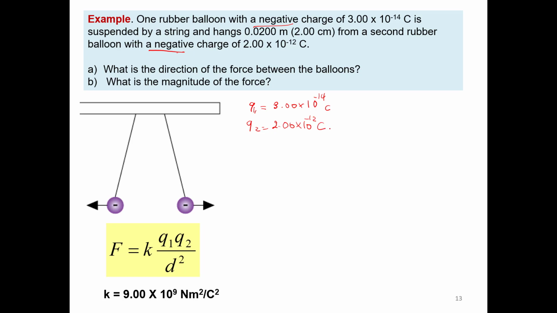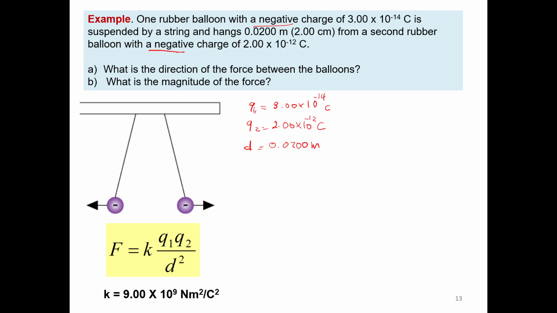And the distance between these two: because the constant of proportionality has meters as one of the units, we want the distance in meters, and it's 0.0200 meters.